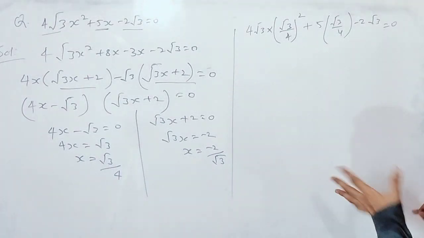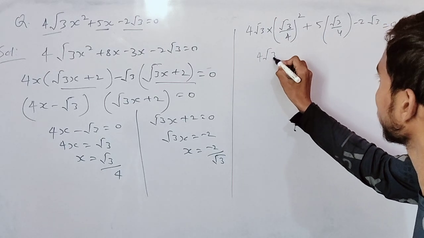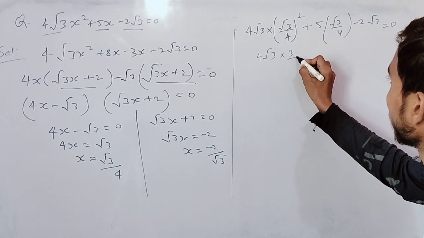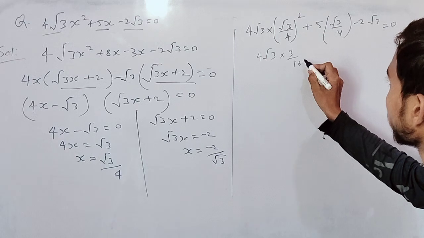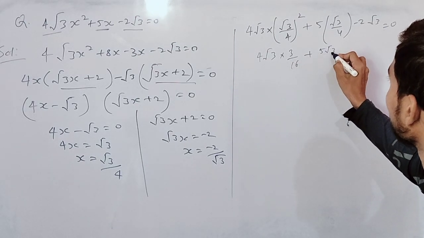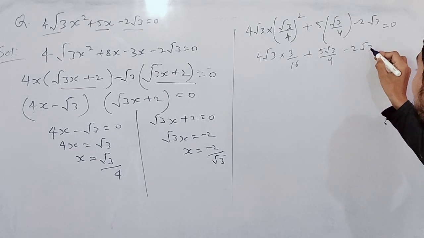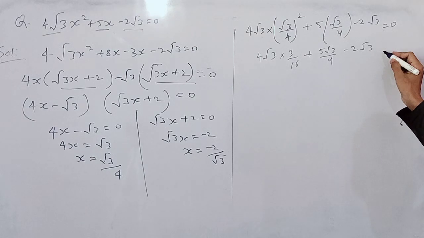From this both sides will be equal. 4 root 3 multiplied by 3 upon 16, plus 5 root 3 upon 4 minus 2 root 3.